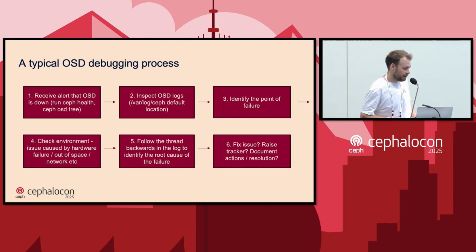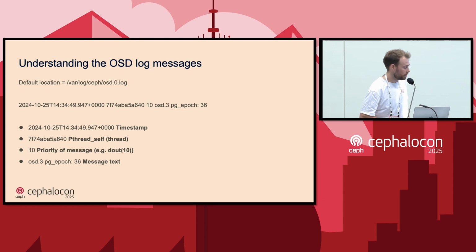And if I find that, maybe I fix that issue, maybe I raise a new issue in Ceph's tracker, or maybe I find an existing issue that someone else has hit and I add some notes to it, or document the actions I took to restore my OSD, or note what my resolution was. So let's go into each bit of that.